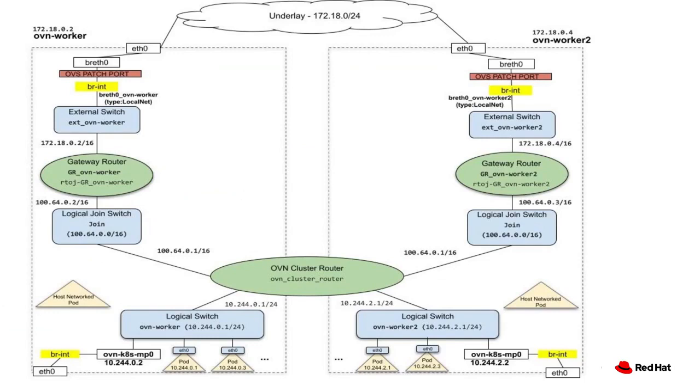There's a single logical router, called the cluster router, that connects the nodes. Northbound, a single join switch connects the cluster router to the gateway routers that reside on each node. Now in the diagram, it appears that there are multiple join switches, but really there is just one these days. Each of these gateway routers connects to another node-specific EXT switch that then connects to the underlay.